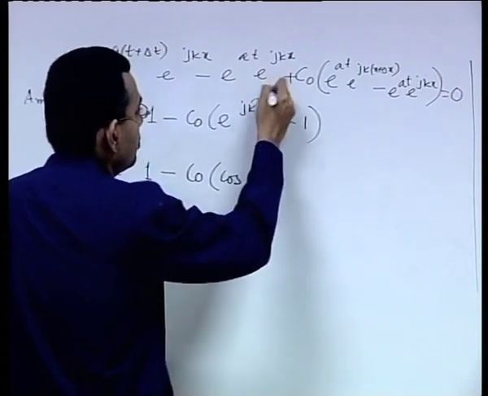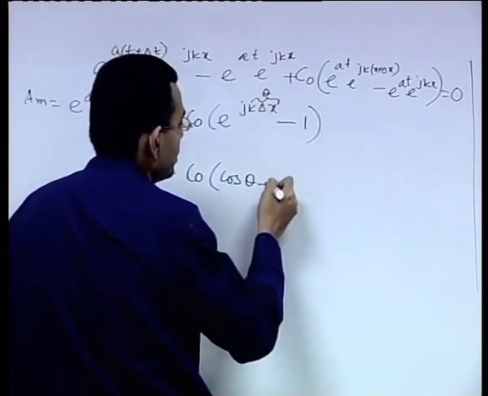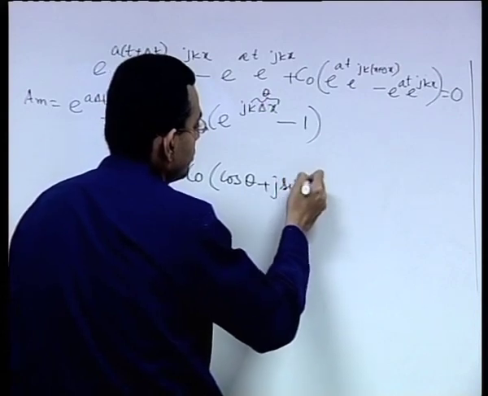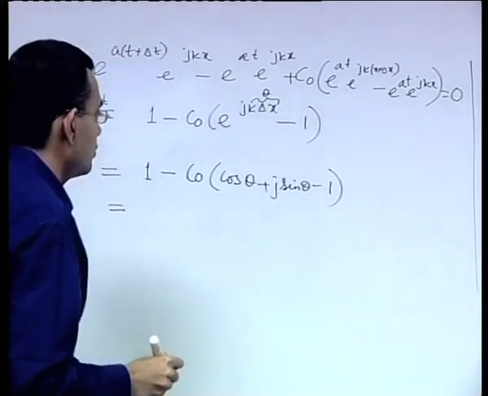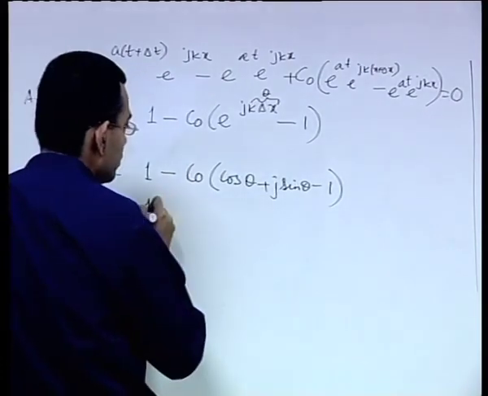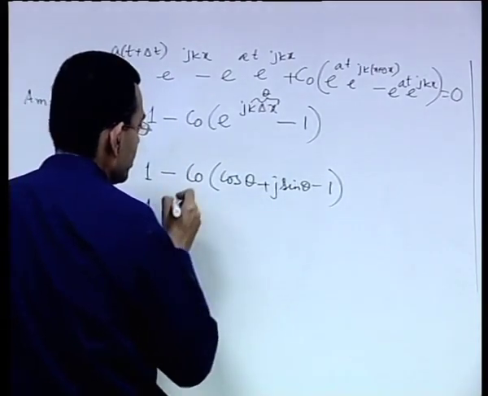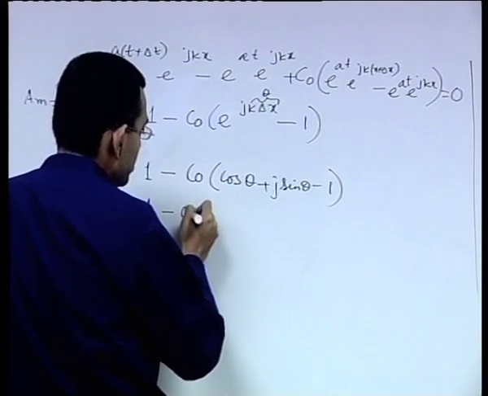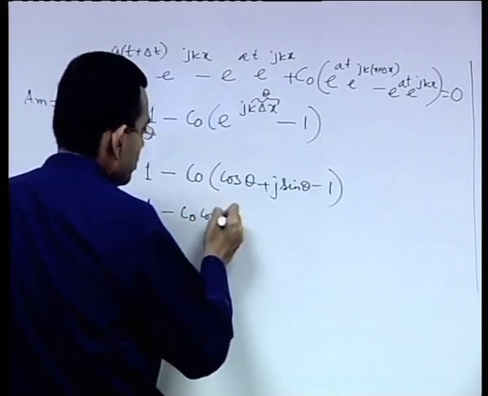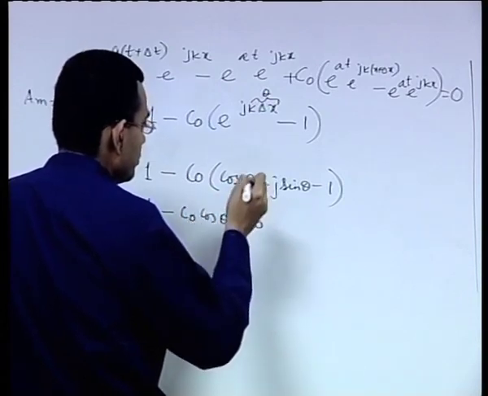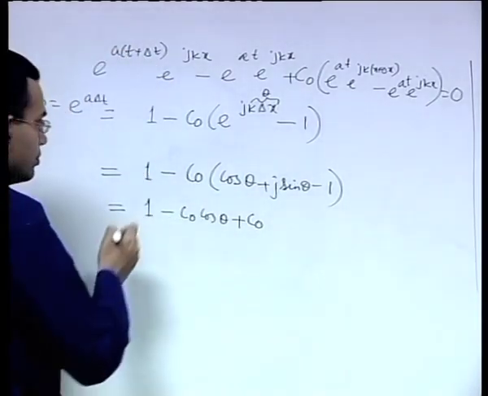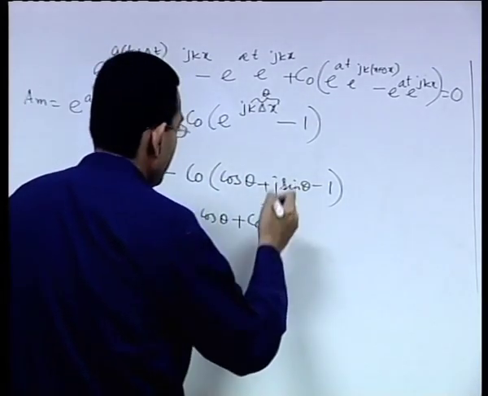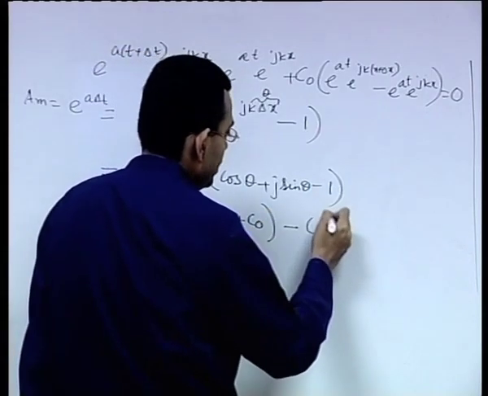K into delta x we put theta, so cos theta plus j sin theta minus 1. So 1 minus Courant number cos theta plus Courant number minus Courant number j sin theta.